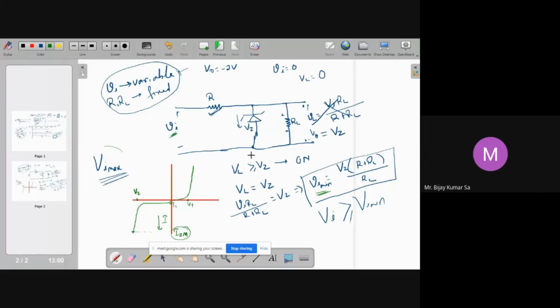Find out this VI max for a typical voltage regulator that uses a zener diode. We have some assumptions. The assumption being VI is variable, R and RL are fixed. This load resistance and this current limiting resistance are fixed. So you just find the expression for VI max.